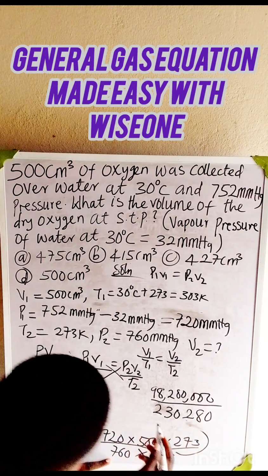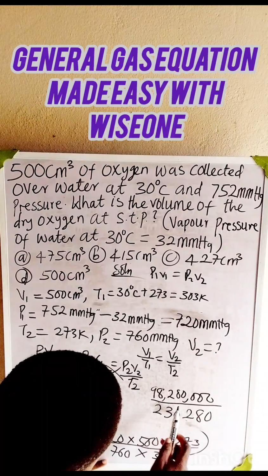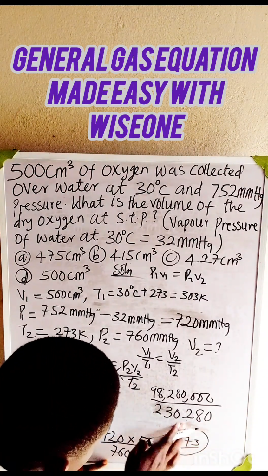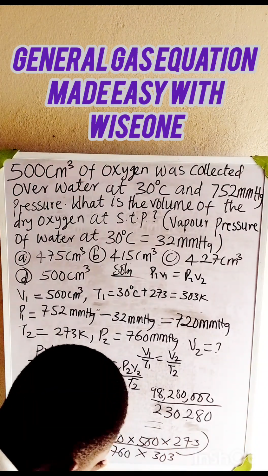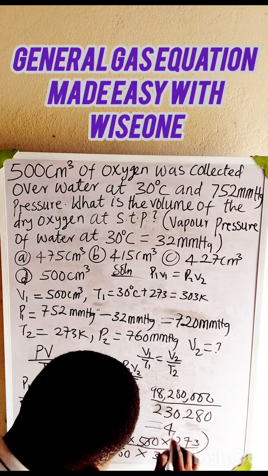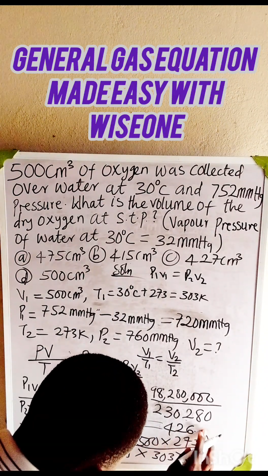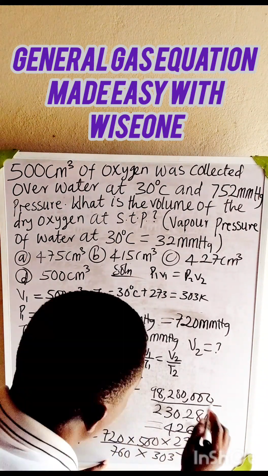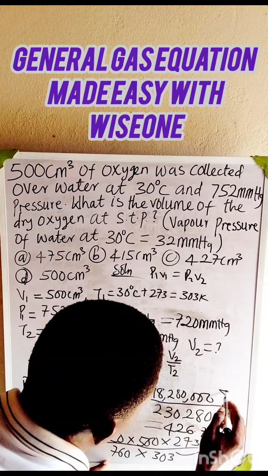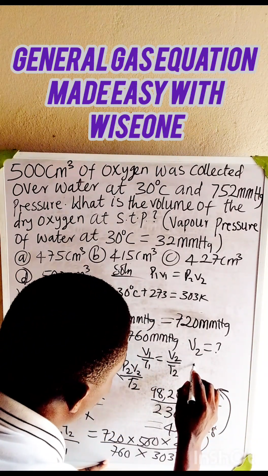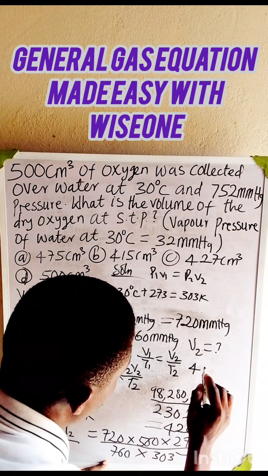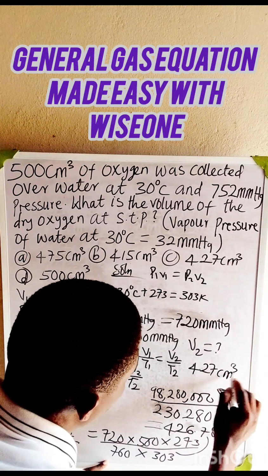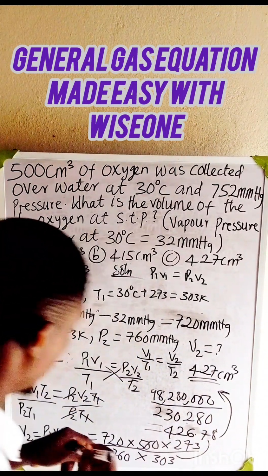So 98,280,000 divided by 230,280 will give us 426.78. We can approximate it to 427 cm cube.